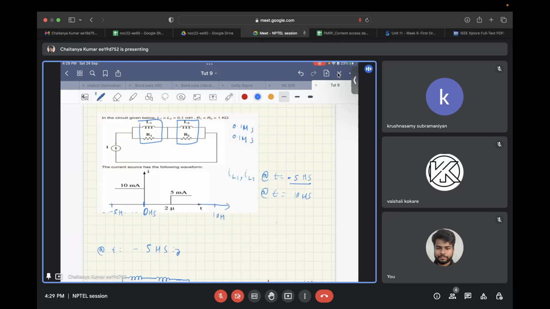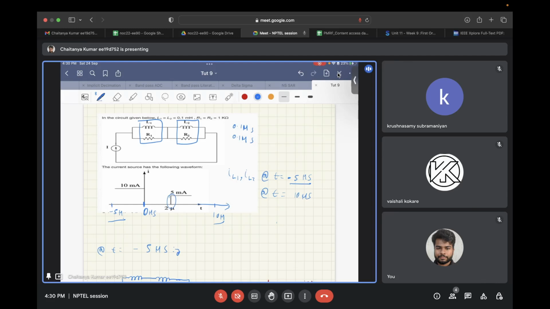So at both of these points, t equal to minus 5 microseconds is way before any transient has occurred in the current, and t equal to 10 microseconds will be much after the final transient, that is at 2 microseconds, has occurred.